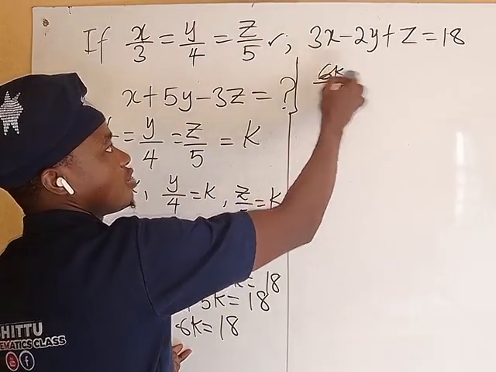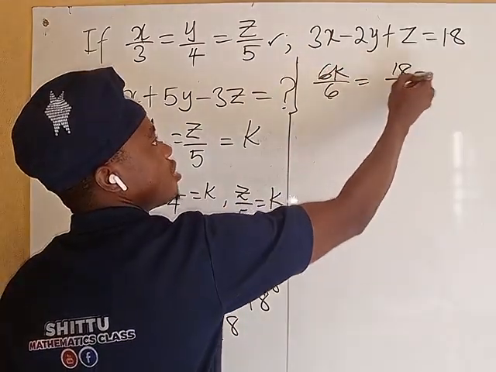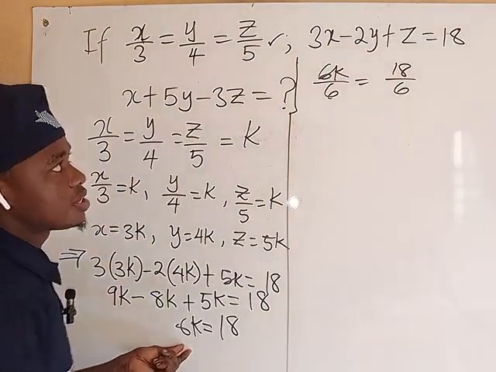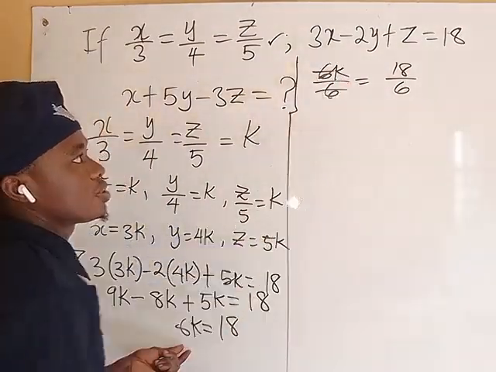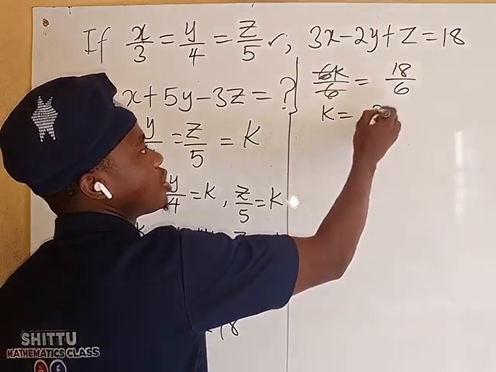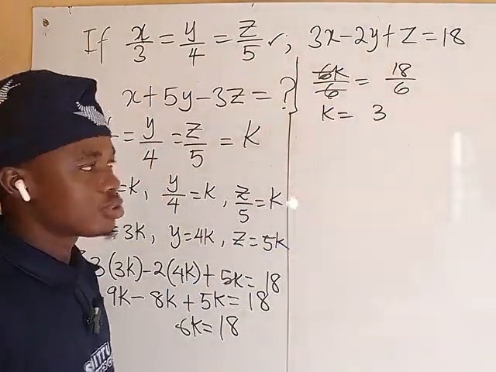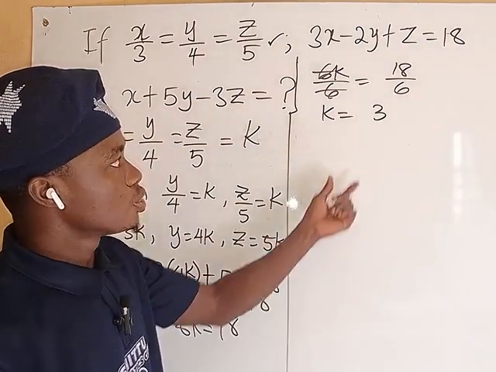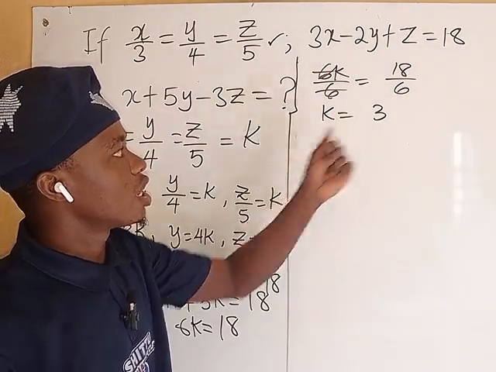We have 6k divided by 6 equals 18 divided by 6. The 6 cancels, then we have k equals 3, because 18 divided by 6 gives us 3. Good, we have k to be 3 now.